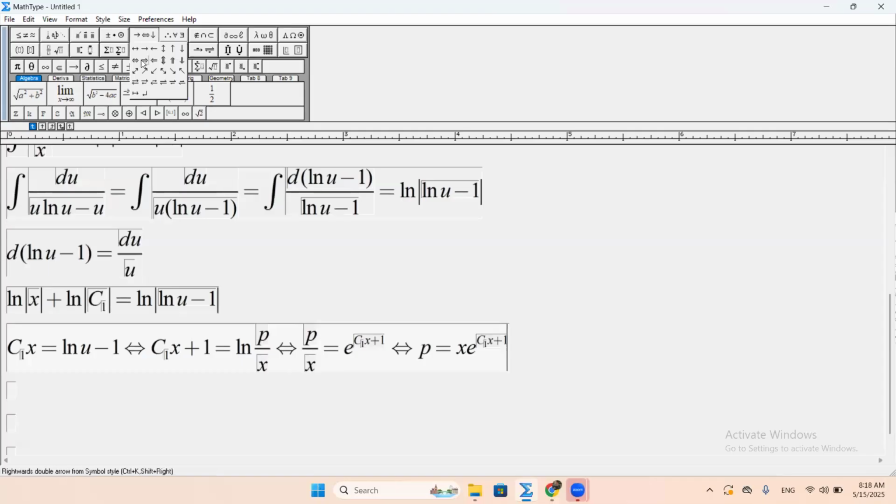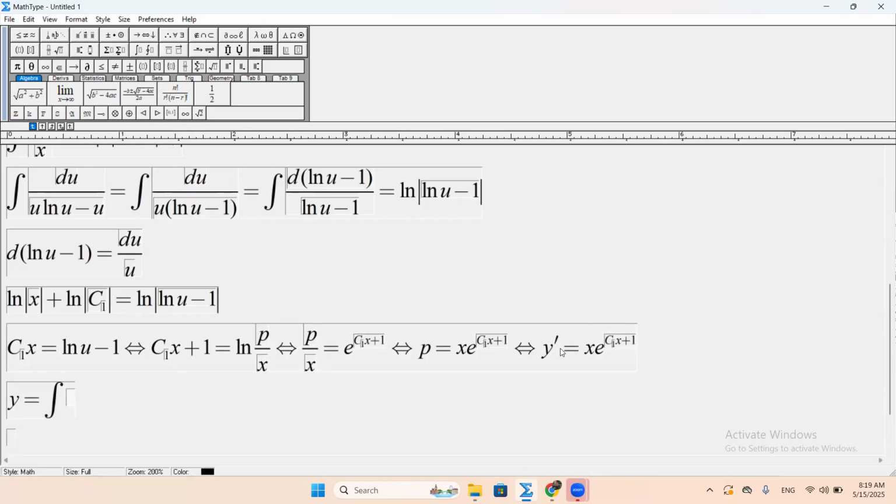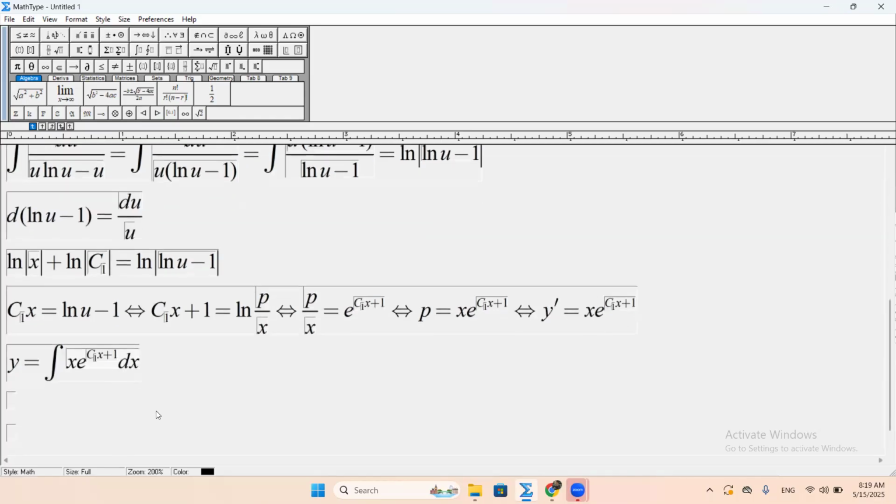And reminding you that p is not the function that we have to find, but its derivative. So to find y, we will integrate this expression. So y will be equal to the following integral: x e to the power c1 x plus 1 dx, and it will be integrated by parts.